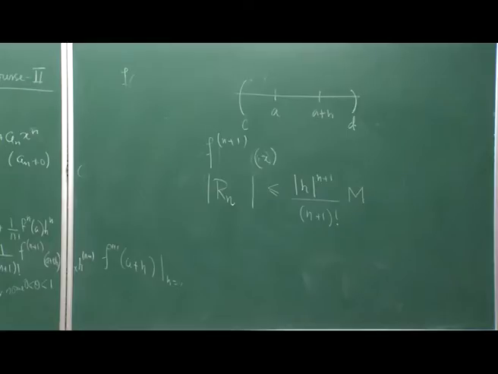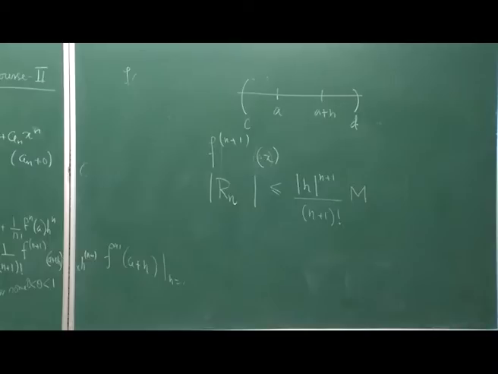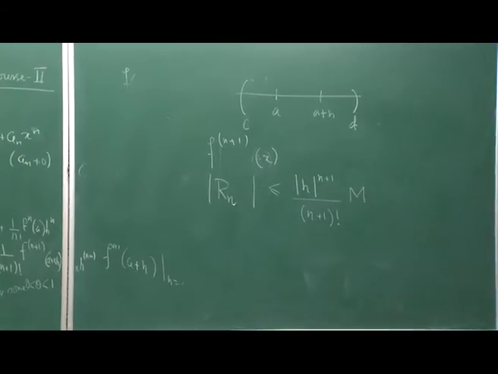Now the question is, when can we show, as n tends to infinity, what happens to this? There are several cases where we can show that.